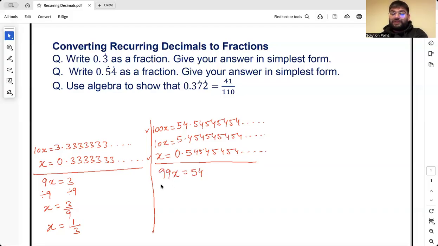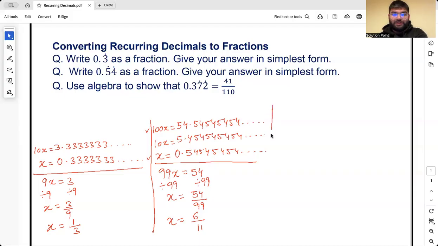Now to work out the value of x, I divide both sides by 99. So x is 54 over 99. To simplify, 9 times 6 is 54, 9 times 11 is 99. So 0.54 recurring is equal to 6 over 11.